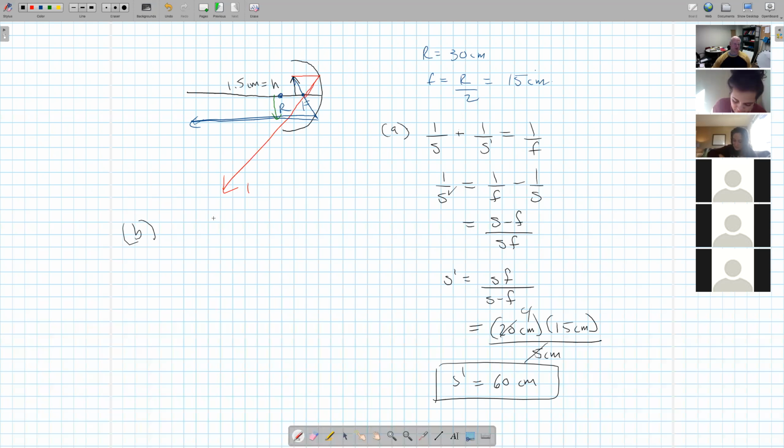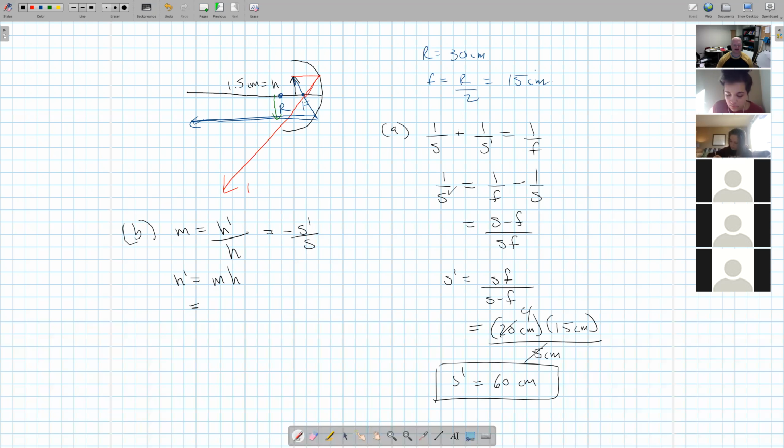Part B, we now want to know its size. To find its size, we first have to look at the magnification, because we know the magnification is equal to the image height divided by the object height, which means the image height is equal to the magnification times the object height. But we also know that the magnification is equal to the negative of the image distance divided by the object distance.